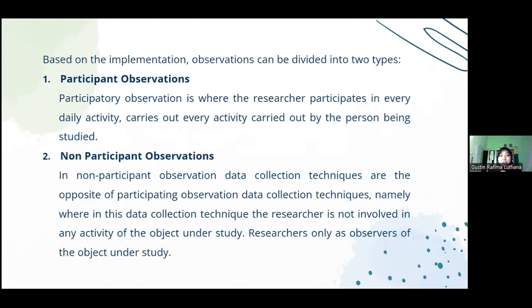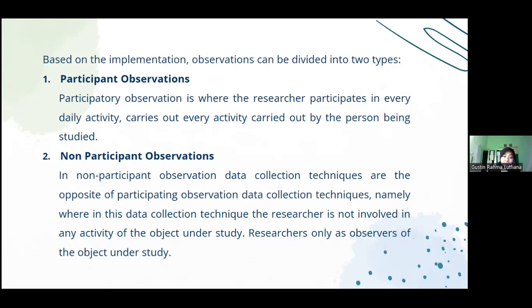Based on the implementation, observation can be divided into two types. The first is participant observation and non-participant observation. Participant observation is where the researcher participates in every daily activity, carries out every activity carried out by the person being studied.